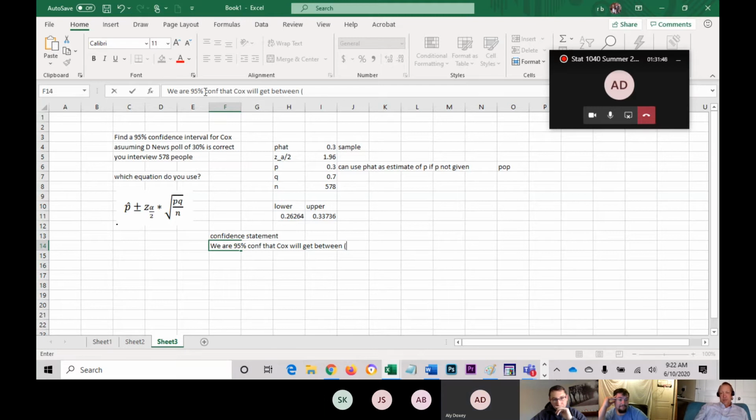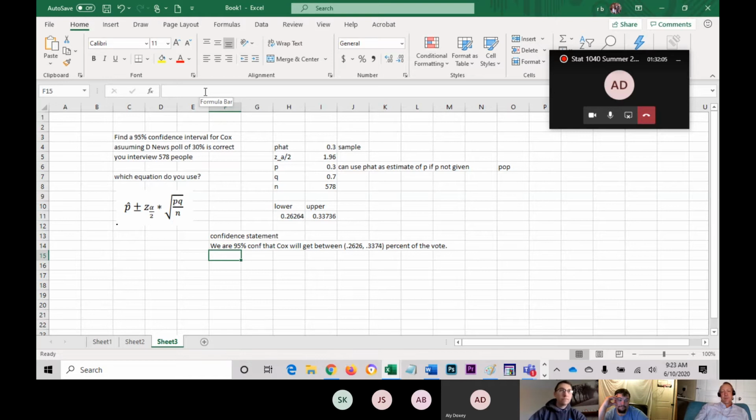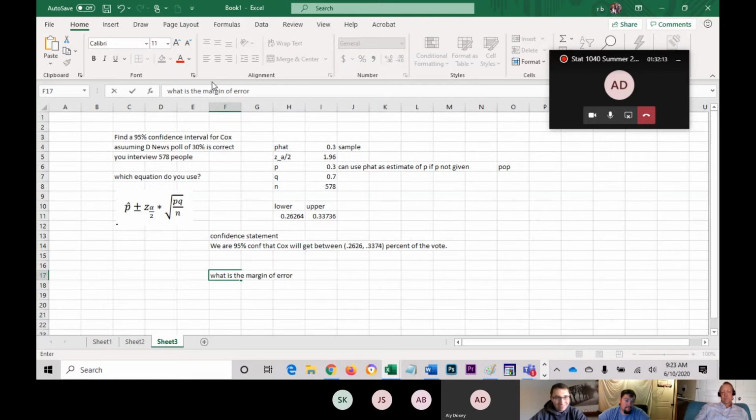I'm going to leave this as decimals, 0.2626 and 0.3374, of the vote. Okay. So well done. Now, another question. What is the margin of error?